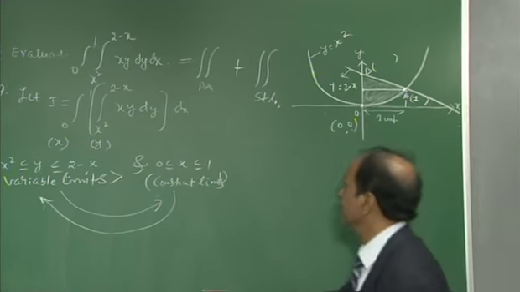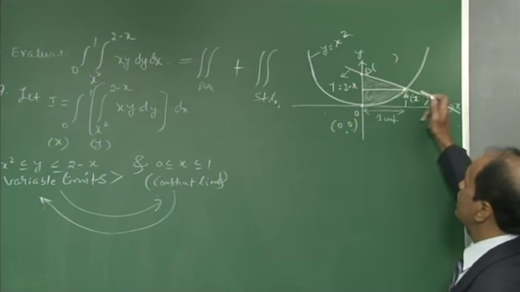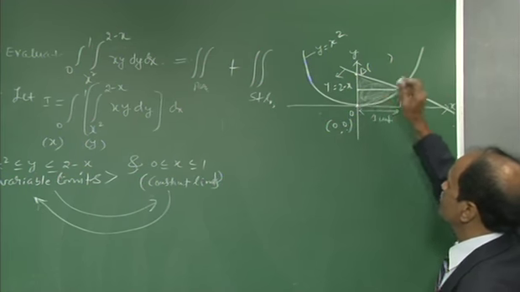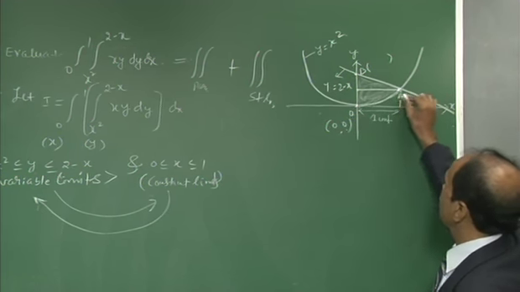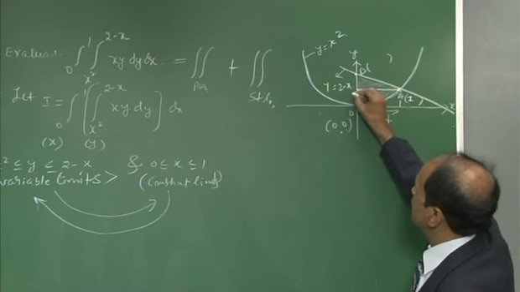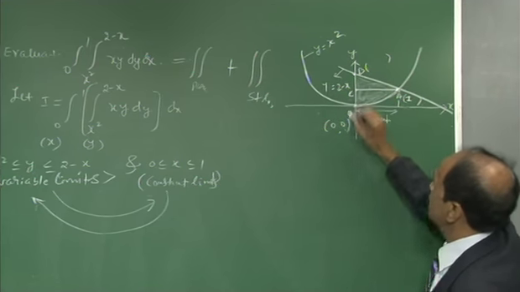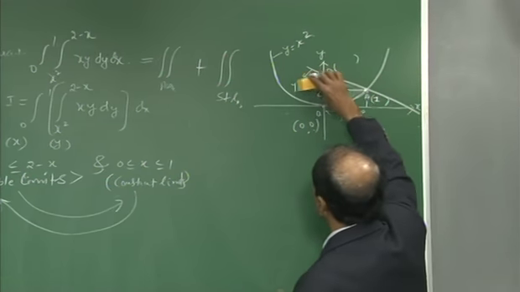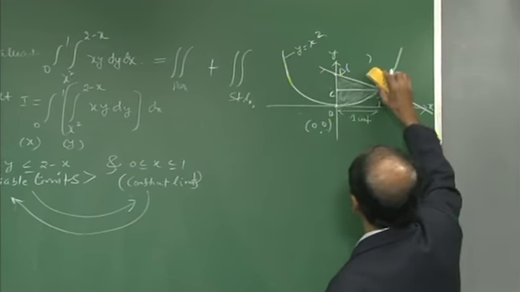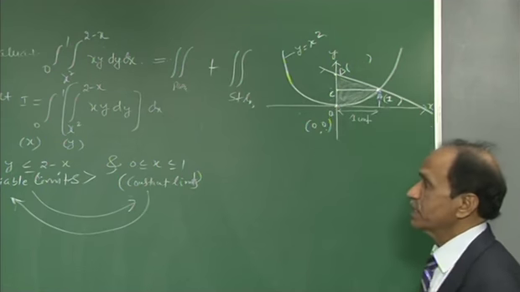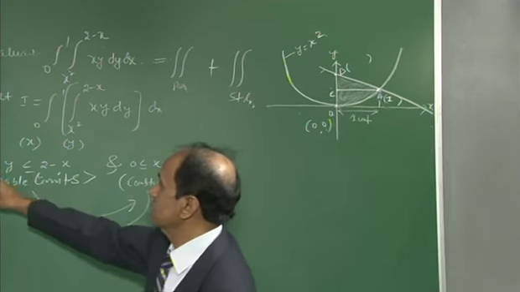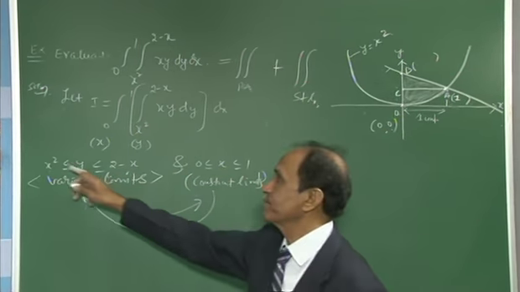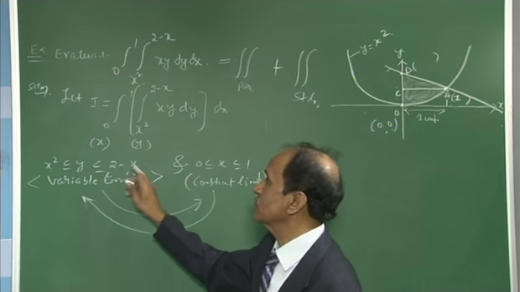Yes. Then once we write this, what are the coordinates at all the points? For example, O, A, B and C here. For all these you have to assign the corresponding coordinates. Corresponding coordinates means you have to calculate those coordinates here, using x square equal to y and y is equal to 2 minus x.